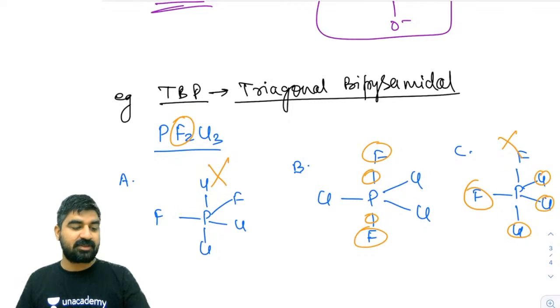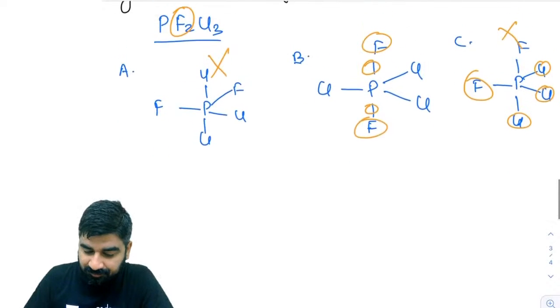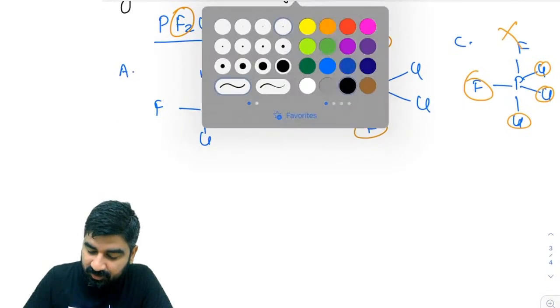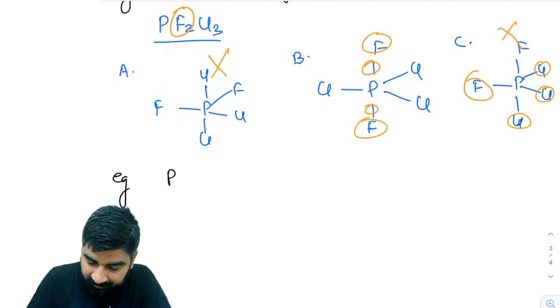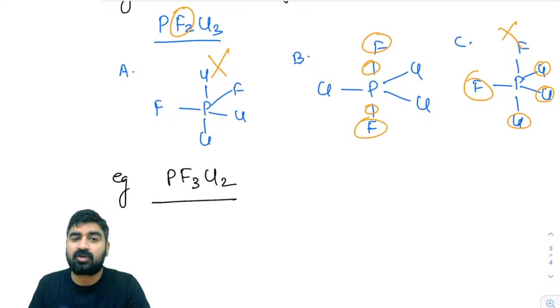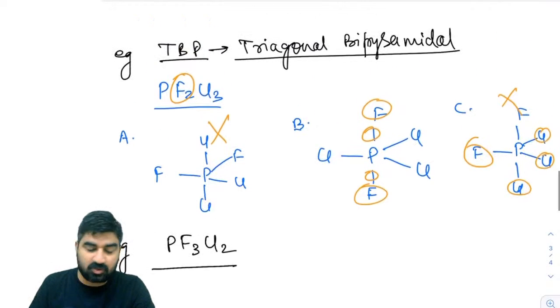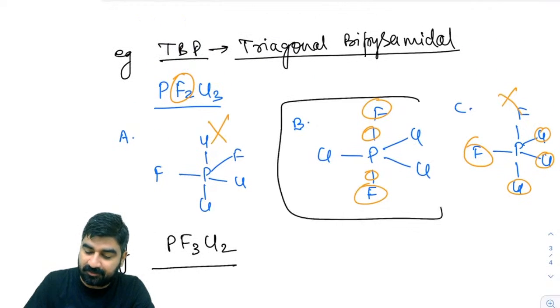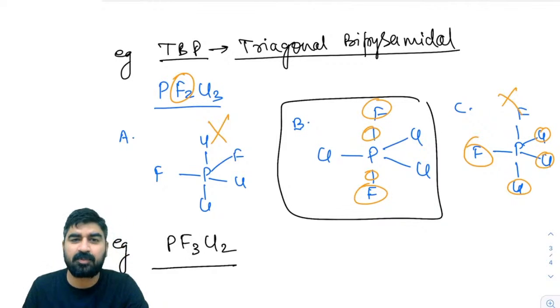Got it? Similarly, if I ask you to write PF3Cl2, how will you draw the structure, guys? No, Zubair, it would not be C, it would be B. Right?